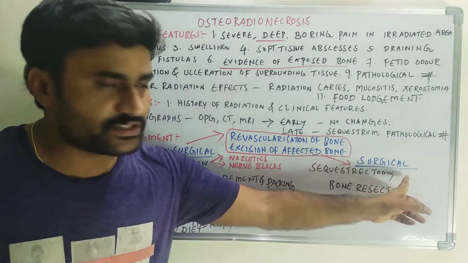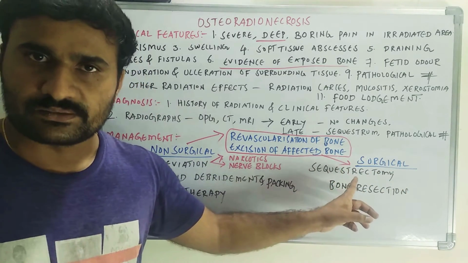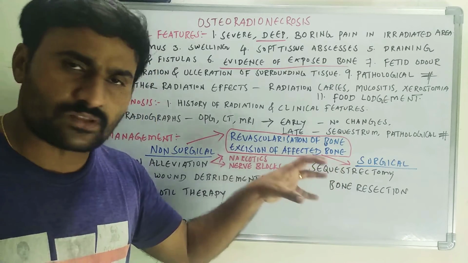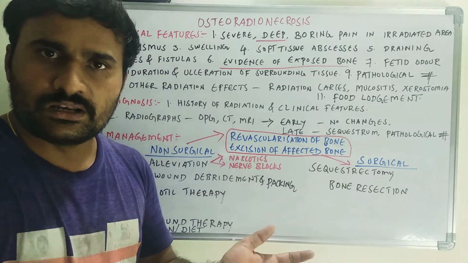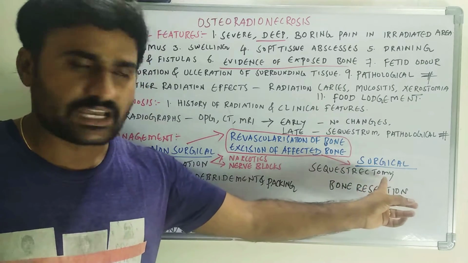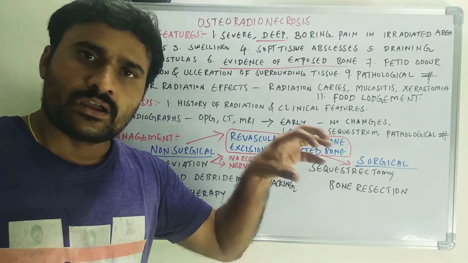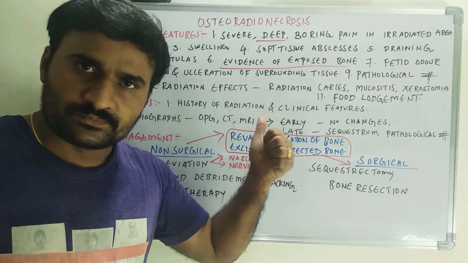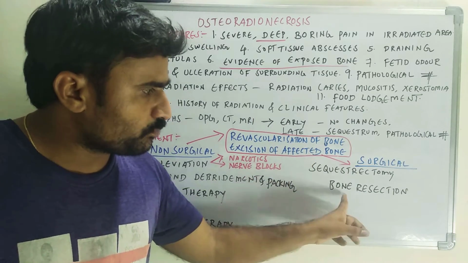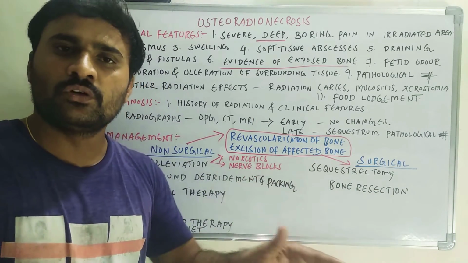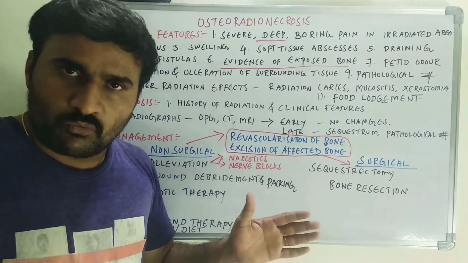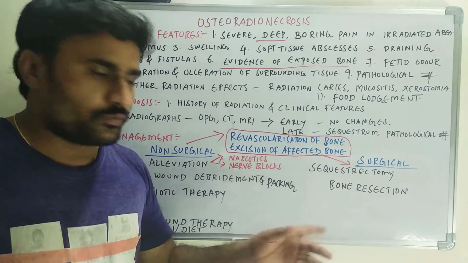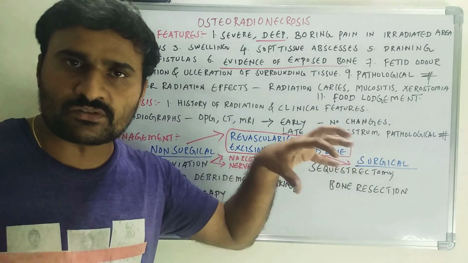Then coming to the surgical therapy, the sequestrectomy. When there is non-healing bone that is exposed intraorally, we can go for sequestrectomy. This is the same as we explained in osteomyelitis management. Then bone resection. If the osteoradionecrosis is much wider, then you can go for bone resection. That is for non-healing cases.